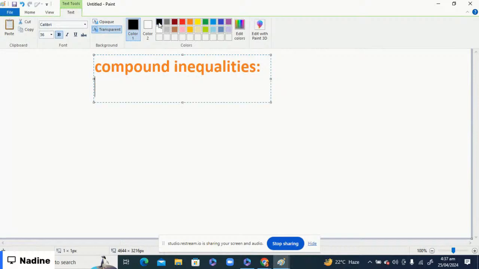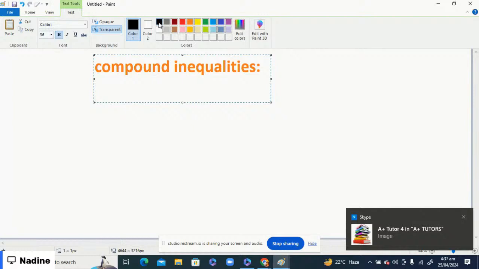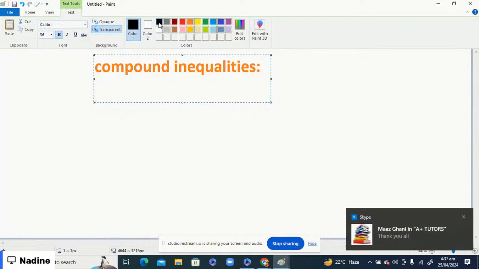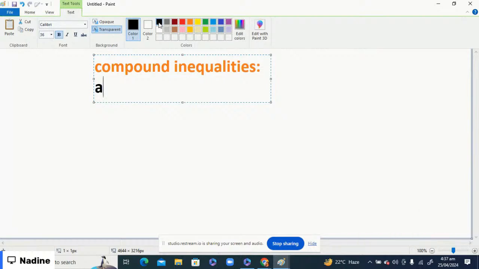What are compound inequalities? Basically, a compound inequality is a statement in which two inequality statements are joined either by the word or, or by the word and. A statement or a sentence in which two inequality statements are joined is a compound inequality.